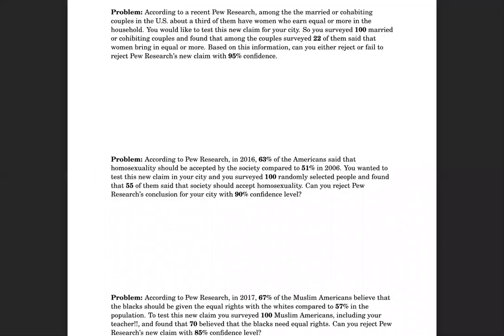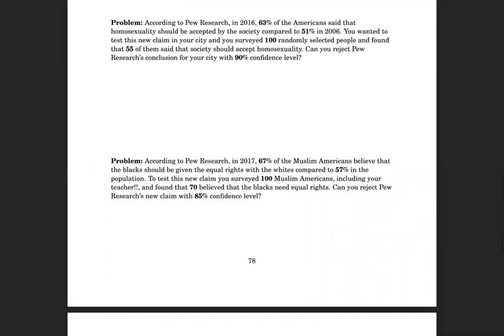Now, again, the same kind of thing. According to Pew Research in 2016, 63% of Americans said that homosexuality should be accepted by society, compared to 51% in 2006. You wanted to test this new claim, 63%, in your city.